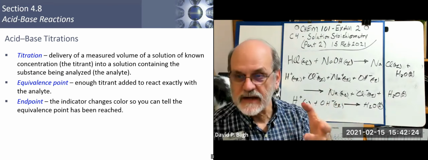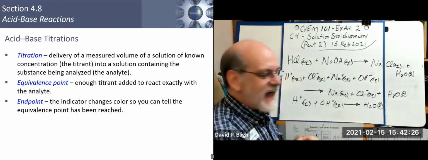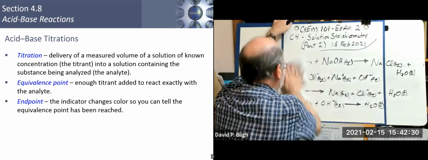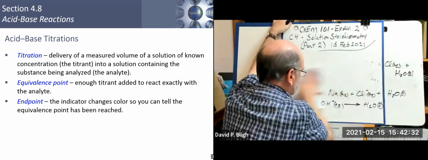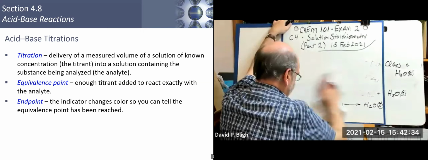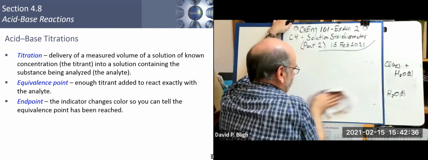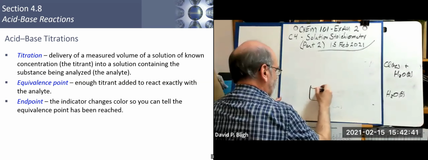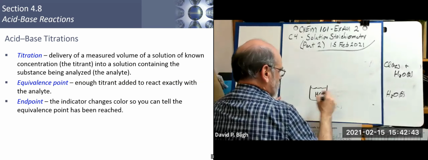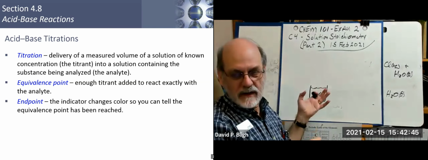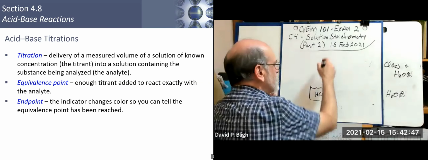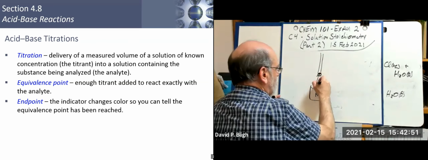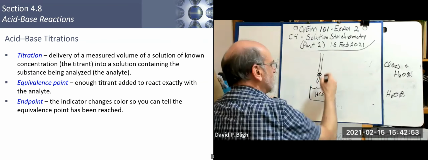Let's just, for argument's sake, say you have a known amount of acid in a beaker, for example, hydrochloric acid. And then you have a device called a burette.